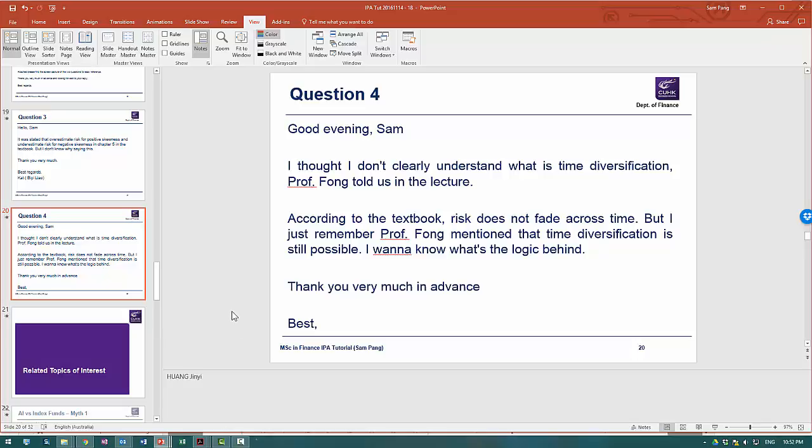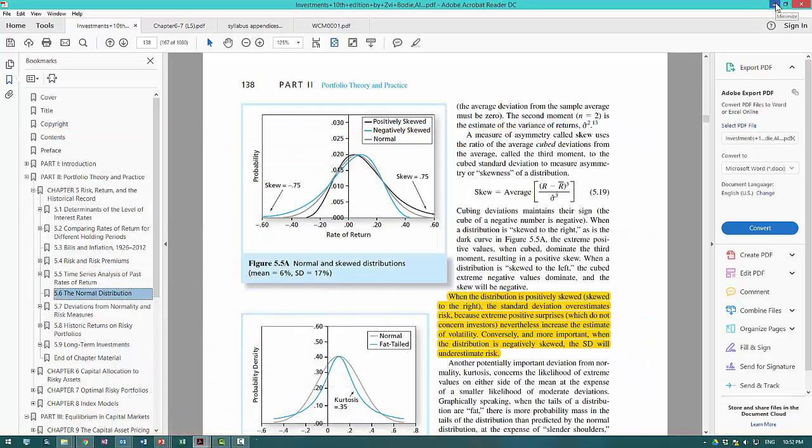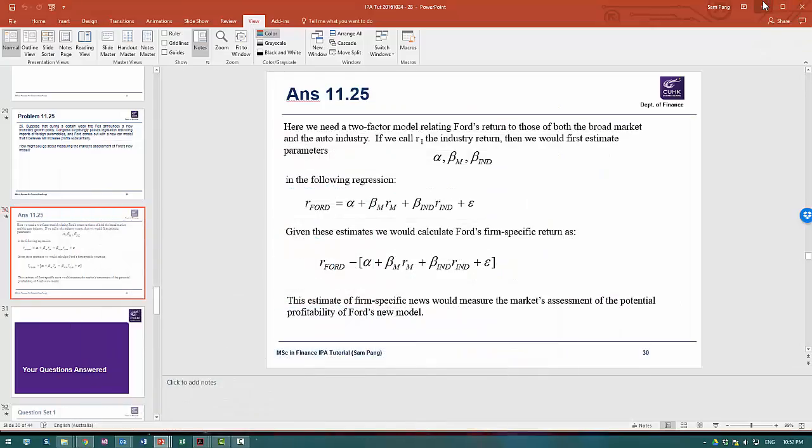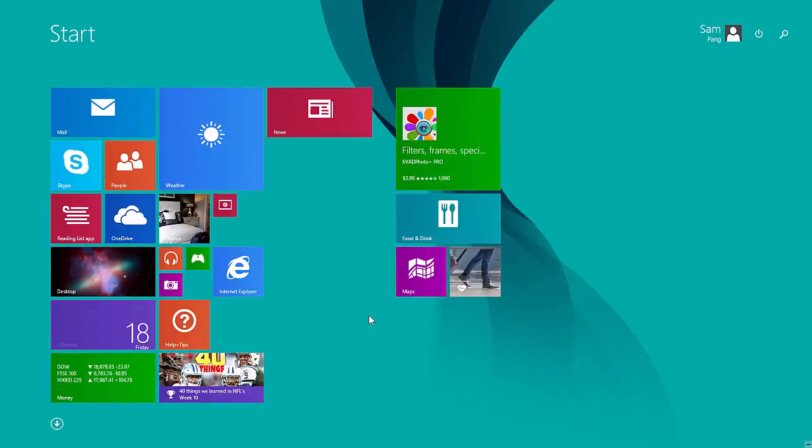So what is the theory? First of all, what is diversification? Never mind time diversification. What is diversification? Hold on a second.